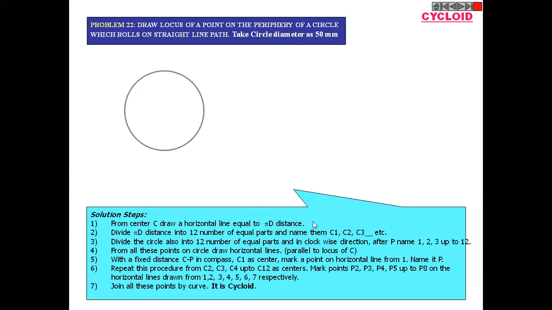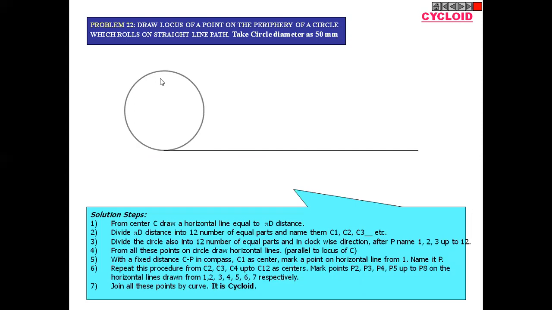You have to draw the circle having diameter equal to 50 mm. Then draw one directing line. This dimension is equal to pi d. Pi d is nothing but the circumference of this circle. Whenever this circle travels along this straight line, the distance traveled is equivalent to the circumference of this circle.